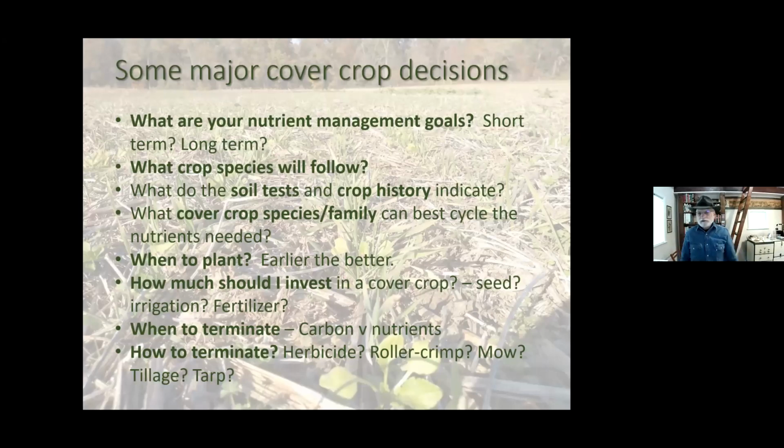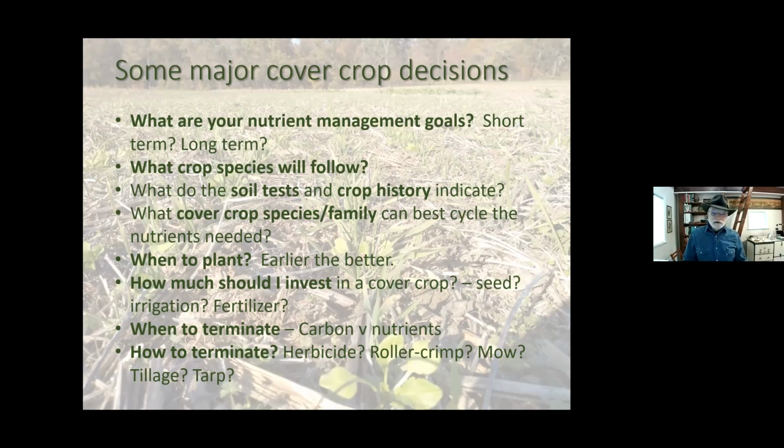So today we're going to focus on nutrient cycling, and there are a number of questions that we need to ask ourselves when we're setting out to give advice or to make plans on cover crop use for this. First, of course, we need to figure out what our nutrient management goals are, and that goes beyond just nitrogen and phosphorus pollution levels, but soil fertility and crop productivity. We should have some short-term and long-term goals. Definitely want to know what species is going to follow this cover crop, because soybeans have very different needs than corn, for instance.